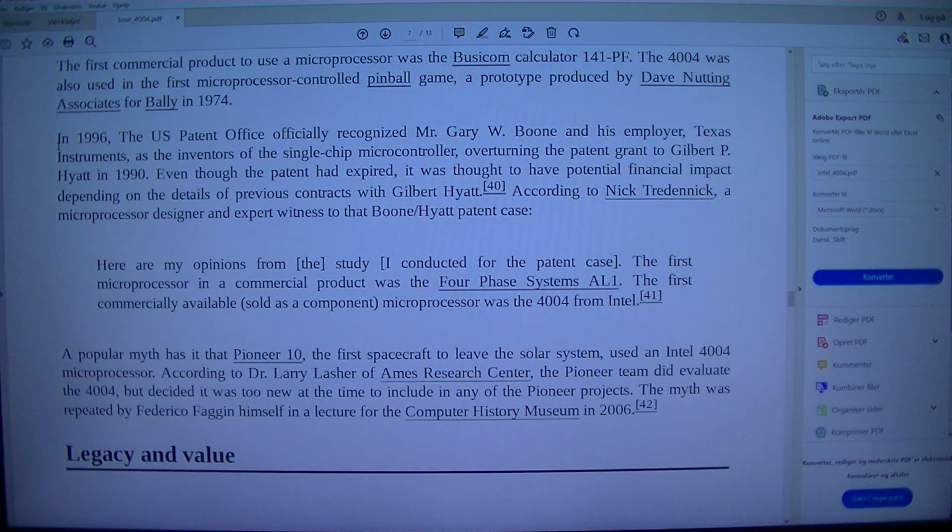In 1996, the U.S. Patent Office officially recognized Mr. Gary W. Boone and his employer, Texas Instruments, as the inventors of the single-chip microcontroller, overturning the patent grant to Gilbert P. Hyatt in 1990. Even though the patent had expired, it was thought to have potential financial impacts depending on the details of previous contracts with Gilbert Hyatt. 40, according to Nick Tredennick, a microprocessor designer and expert witness to that Boone/Hyatt patent case.